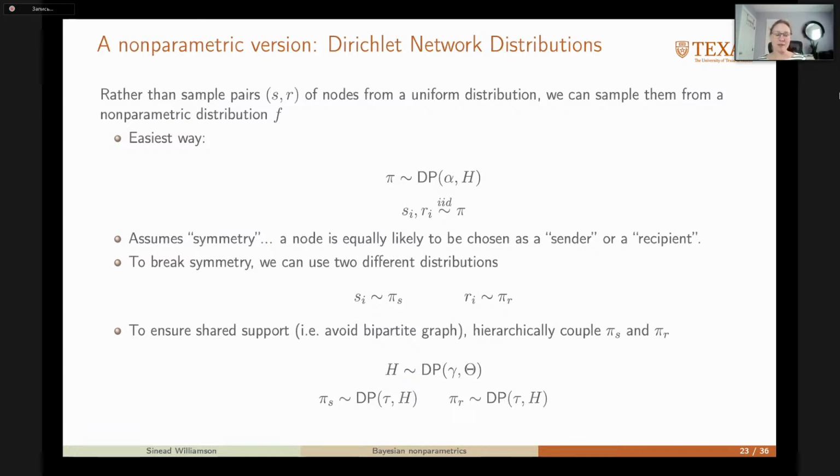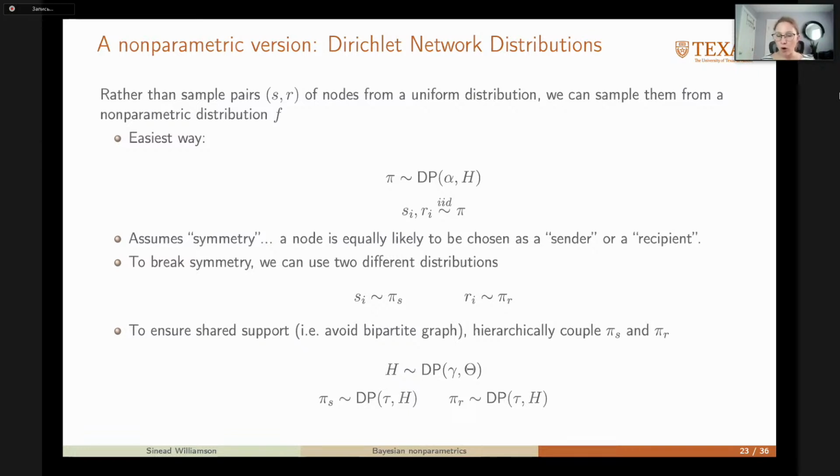So I want them to have shared support, right? I don't want the set of senders to be entirely disjoint from the set of recipients. Much like I didn't want the set of topics in one document to be entirely disjoint from the set of topics in another document. So I'm going to do exactly the same thing as I did to ensure the topics were the same. I'm going to hierarchically couple these two distributions in a hierarchical Dirichlet process.